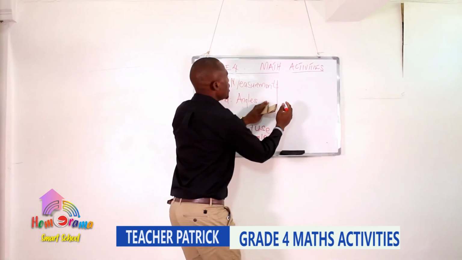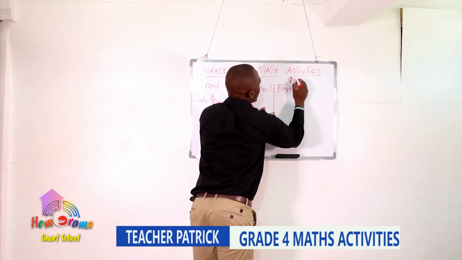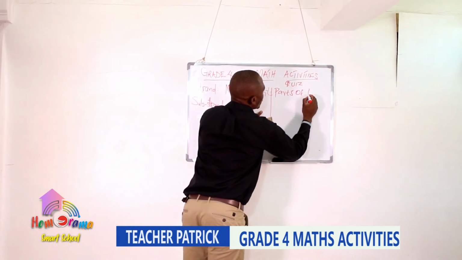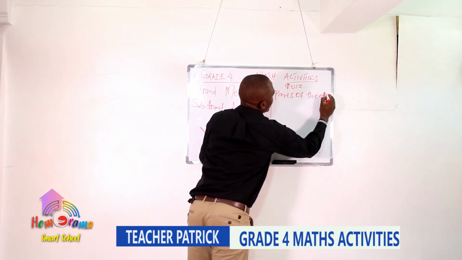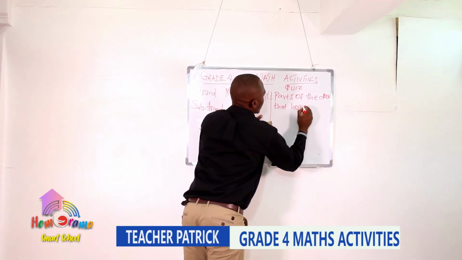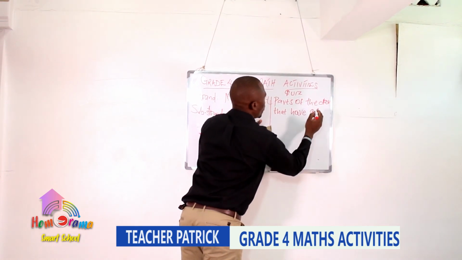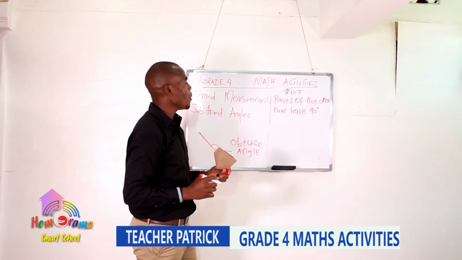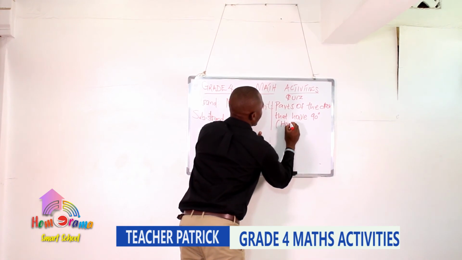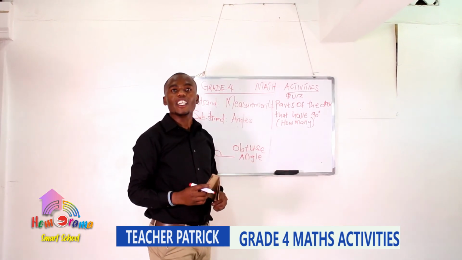Name for me the parts of the dough that have 90 degrees or a right angle. The question is how many parts of the dough have 90 degrees.